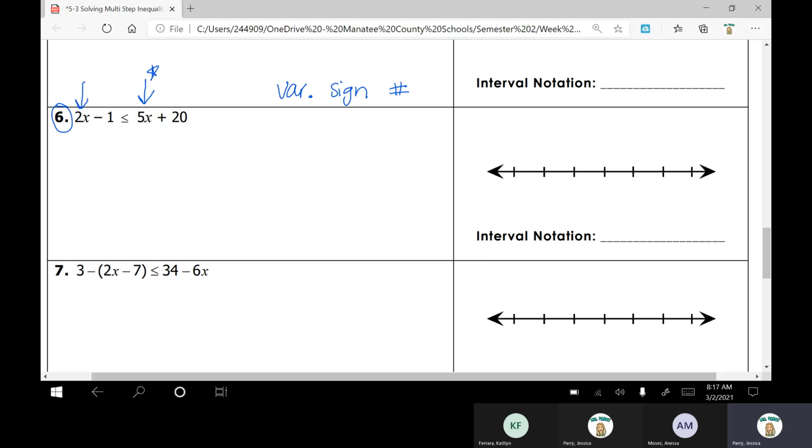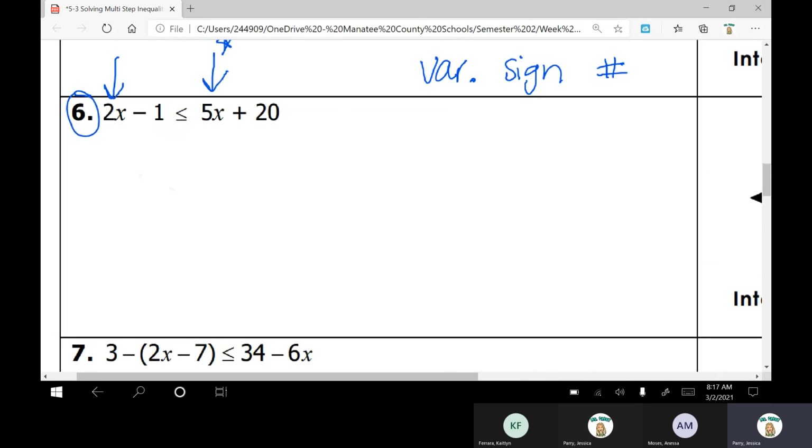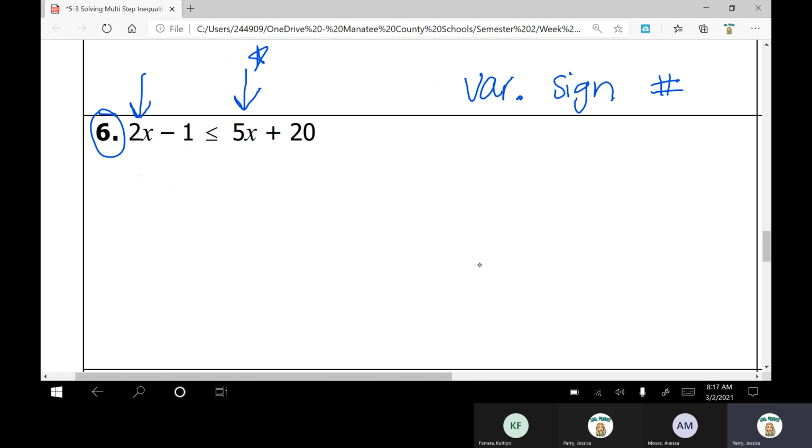When you move something to the other side, you do the opposite operation. Let's look at this 5x. It's positive, so I put my little plus sign in front so I can see that. In order to move it to the other side, ask yourself, what's the opposite of positive 5x? Well, that is negative 5x or minus 5x.